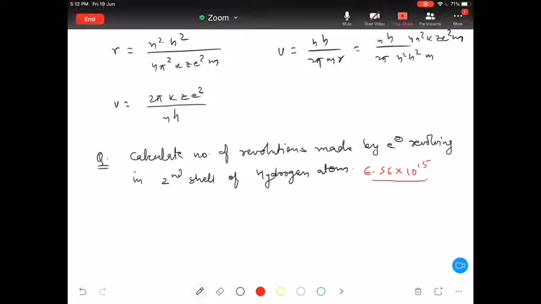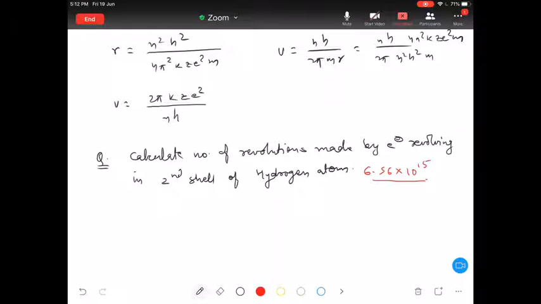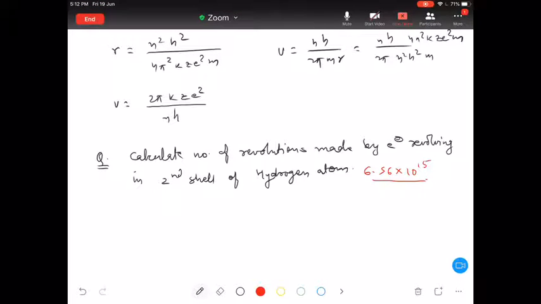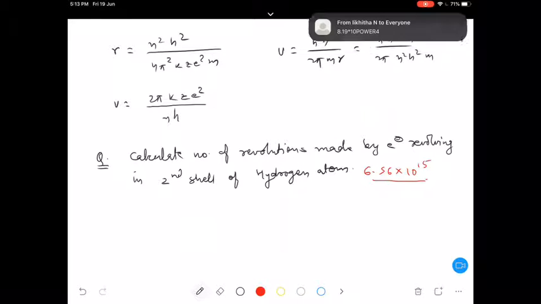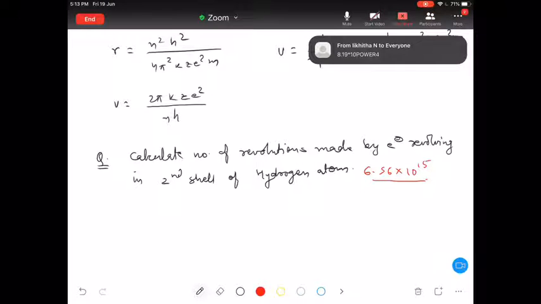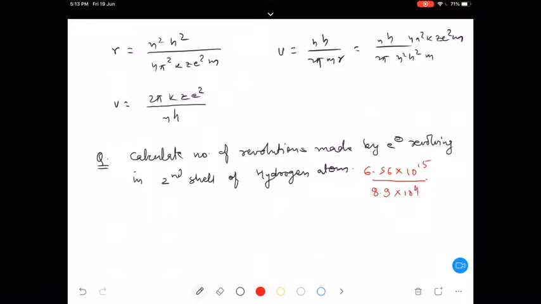Your 30 seconds are over a long time ago. Like 3-4 minutes ago, your 30 seconds were over. And still I'm getting only one answer. You have to improve your speed a little bit. 8.9 into 10 to the power 4.